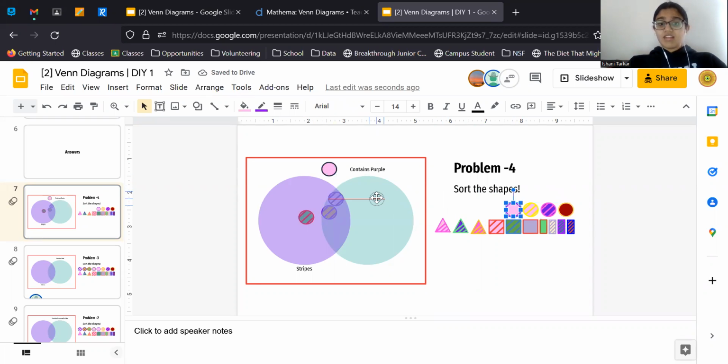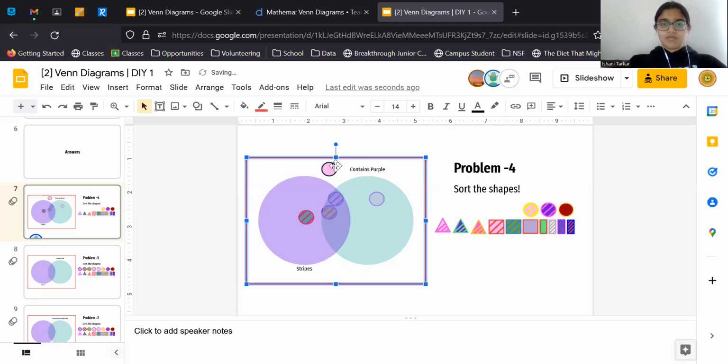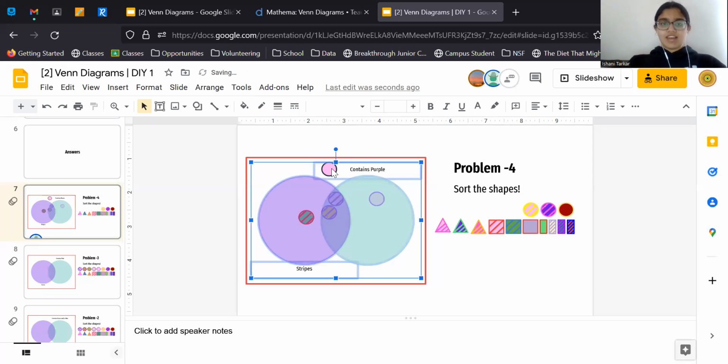This contains purple but has no stripes. Also, someone did ask earlier, what do you do if it doesn't fit in either? I did say you put it in the rectangle, so it would be like this one up here, underneath everything.